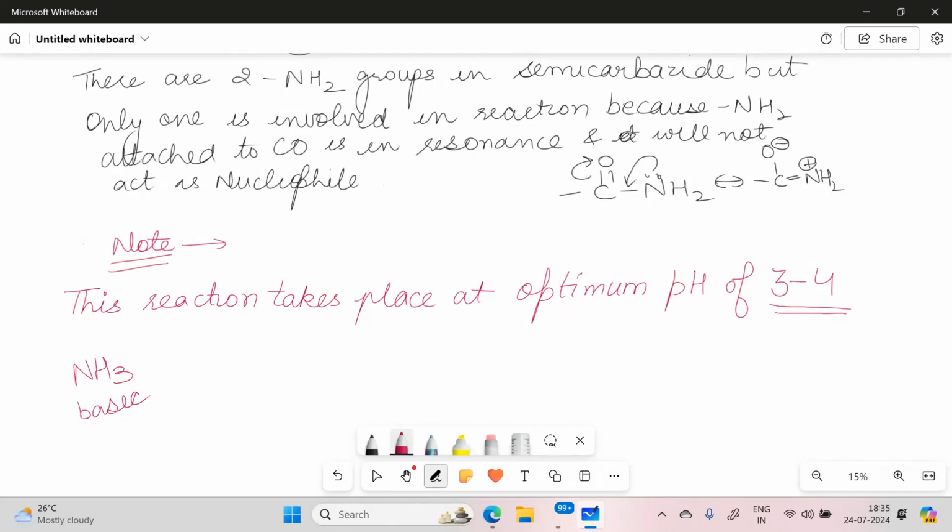And if pH is greater than 4, if the medium is basic, then the reaction becomes very slow because it will not protonate the aldehydic oxygen, so it will not speed up the reaction.